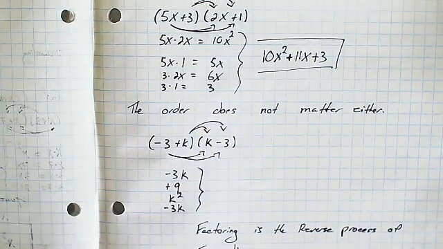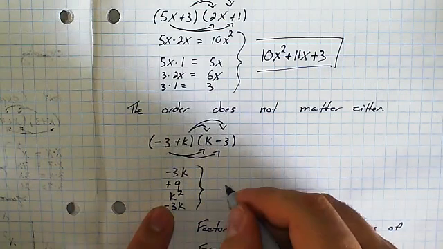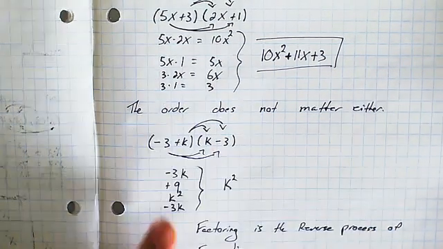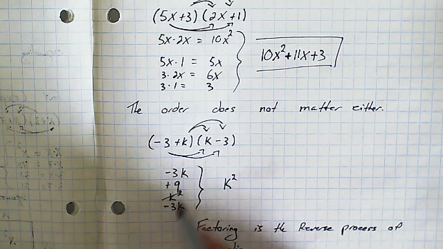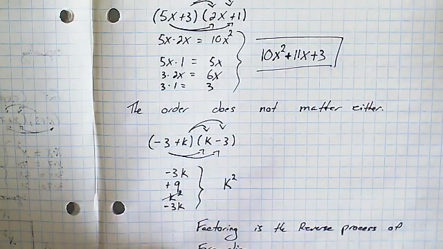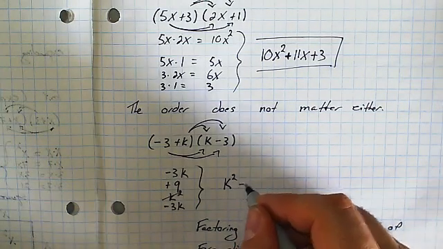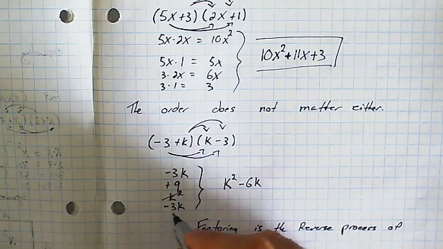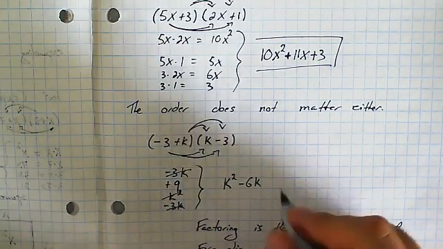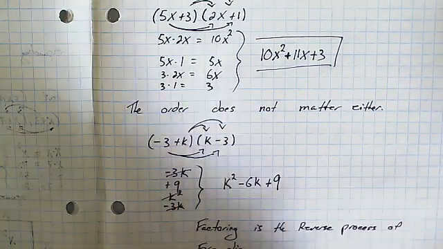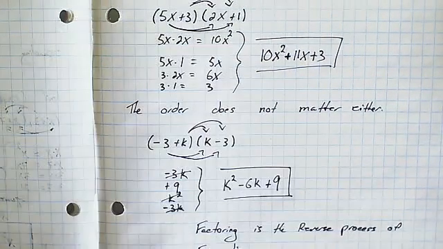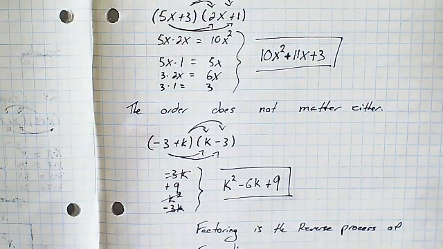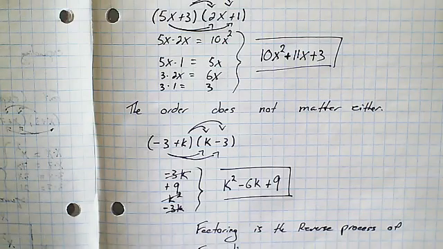When I combine, just like last time, you want your highest degree of polynomial first, in our case, anything that's squared. So we're going to put our k squared first, followed by our k's. We have negative 3k and negative 3k. When I combine those together, I get negative 6k. And last but not least, I have a positive 9. So the order in which I do this doesn't really matter at all either.